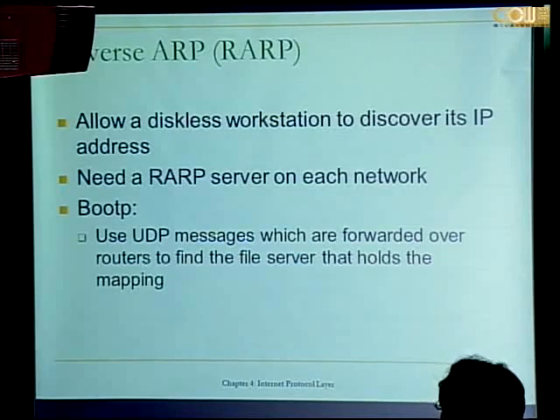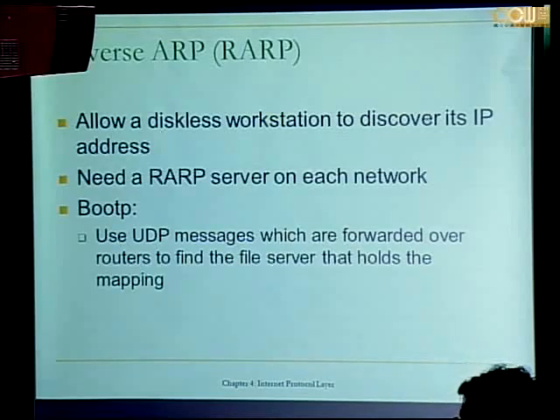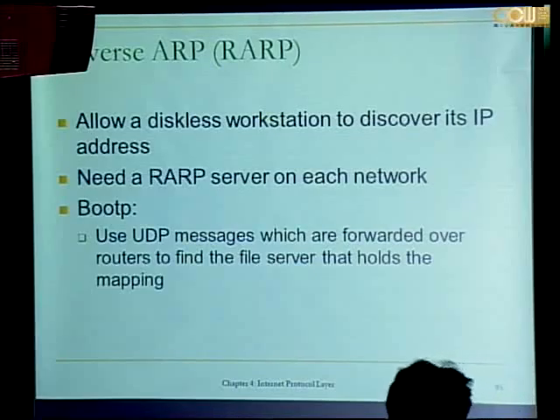How about RARP? Why do we need it? In what situation would we have the MAC address but not know the IP address? It happens when a station, a host, is diskless, meaning a station has no disk.